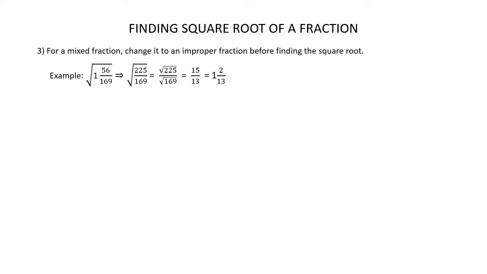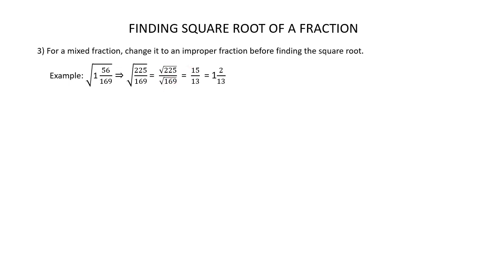To convert the mixed fraction to an improper fraction, you multiply 169 with 1 and then add 56. So 169 multiplied by 1 is 169 plus 56 is 225. So now we have an improper fraction 225 upon 169. Now find the square root of 225 upon 169. The square root of 225 upon 169 is nothing but square root of 225 upon square root of 169.